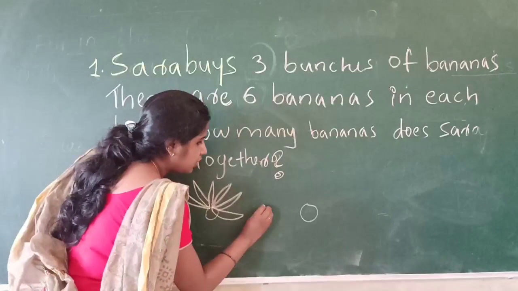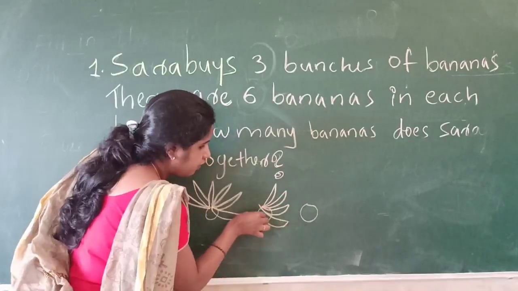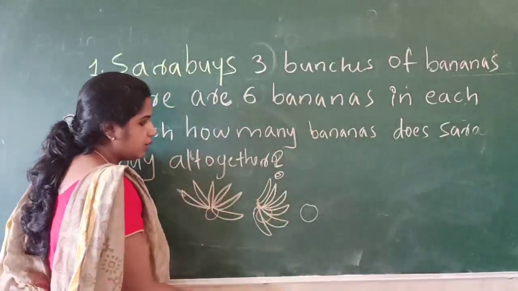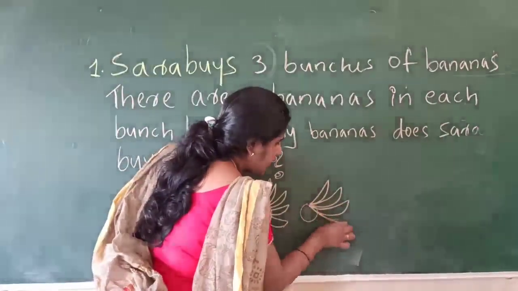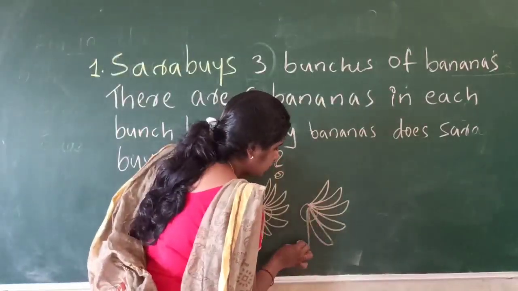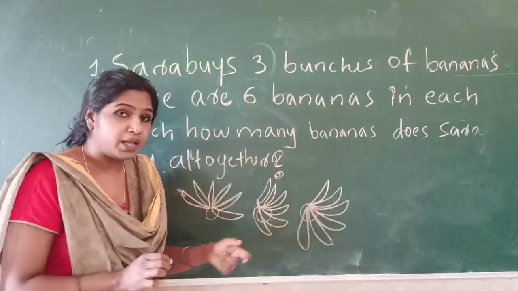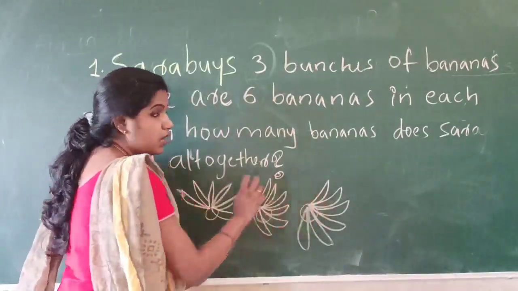Then here again 6, 1, 2, 3, 4, 5, 6. Then here again 1, 2, 3, 4, 5, 6. Sarah bought 3 bunches of bananas and in each bunch there are 6 bananas.